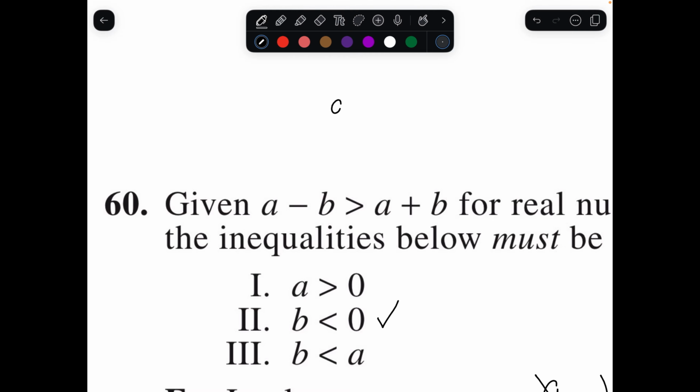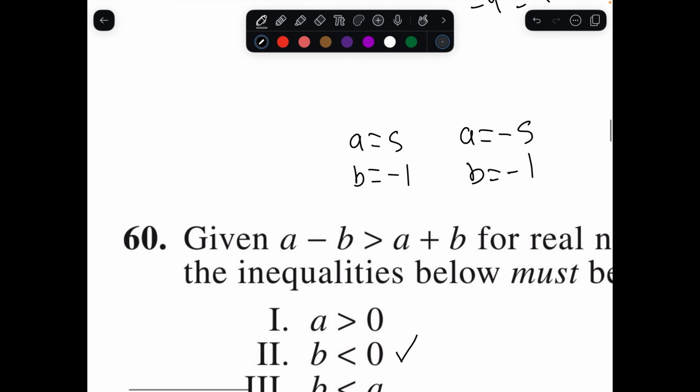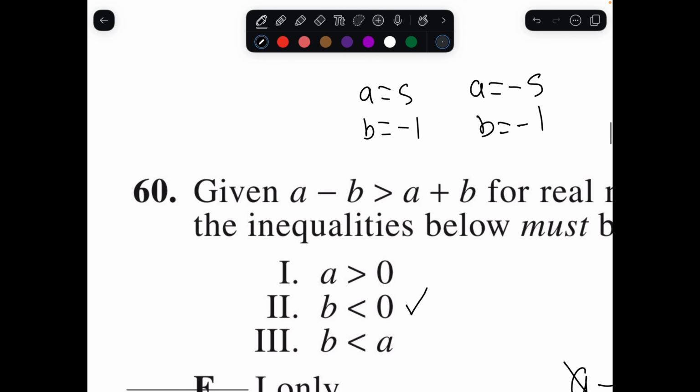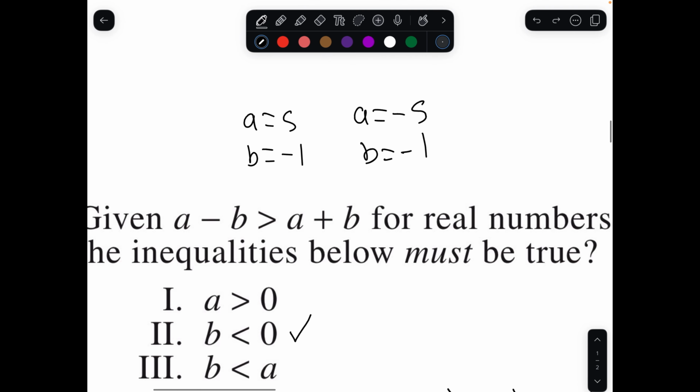So plug in 5 for a, and b has to be less than 0, so plug in -1. And then plug in -5 for a, and keep b the same, -1. And let's see if by choosing different values for a, one greater than 0 and one less than 0, this still holds true, because this has to hold true for all real numbers a and b.